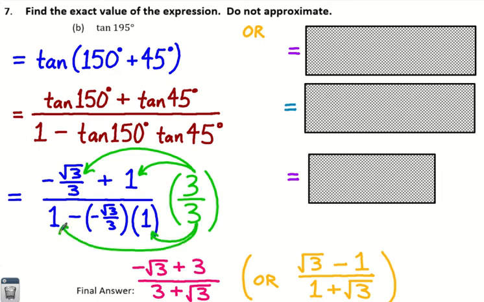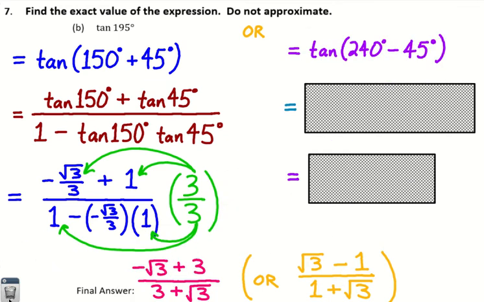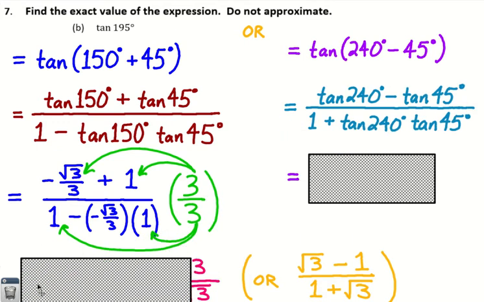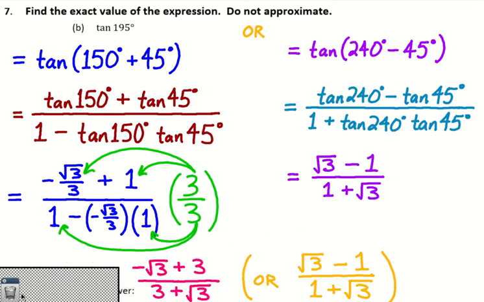Alright, so after cleaning all this up, you get what's in red, which is equivalent to what's in orange. Let's see what happens. Well, this is probably what we get if you were instead of rewriting 195 as 150 plus 45, you could also have rewritten it as 240 minus 45, which your, of course, formula sheet says to change it into that, which basically immediately changes that.